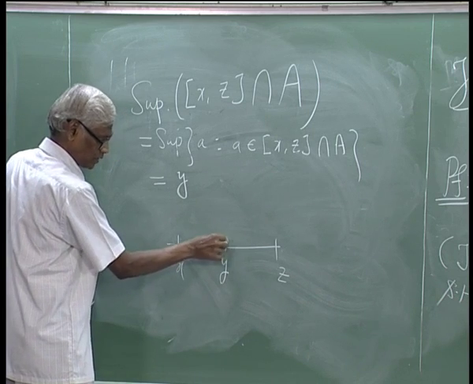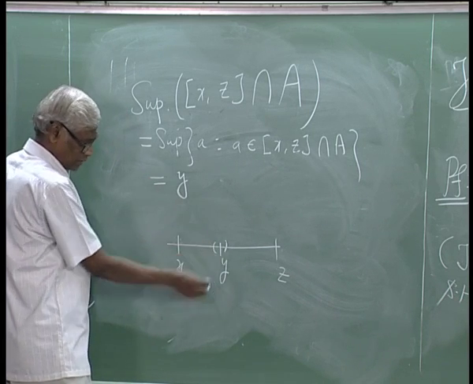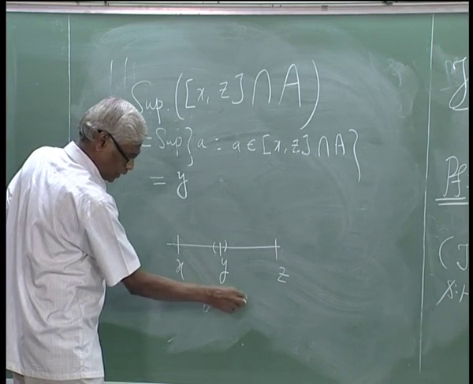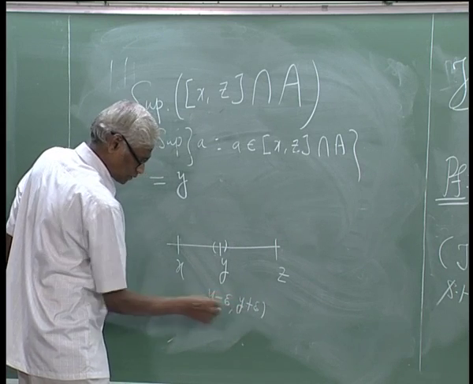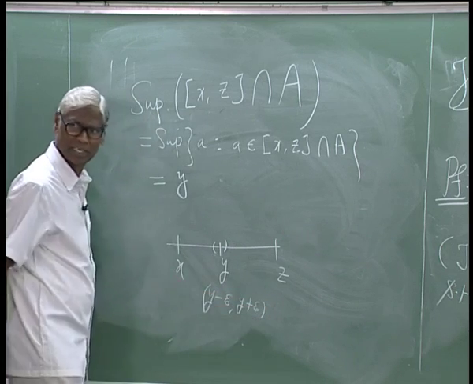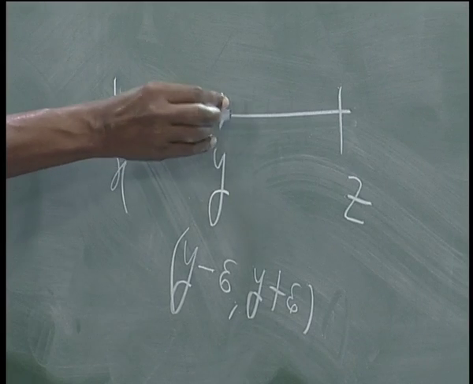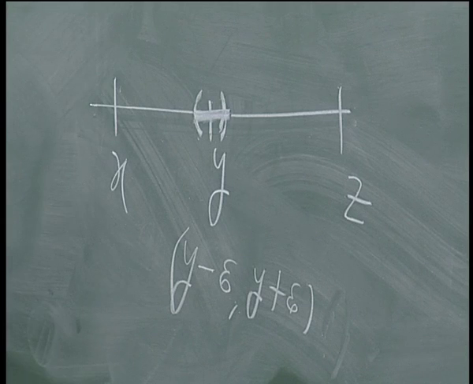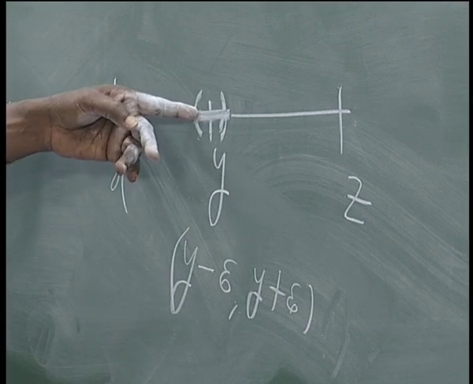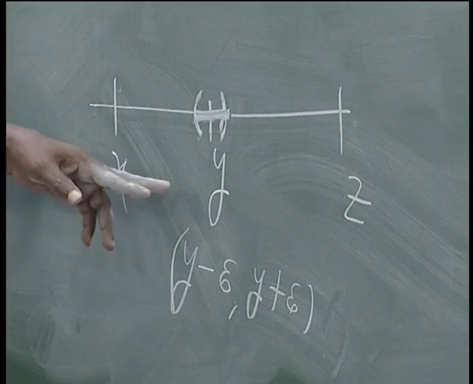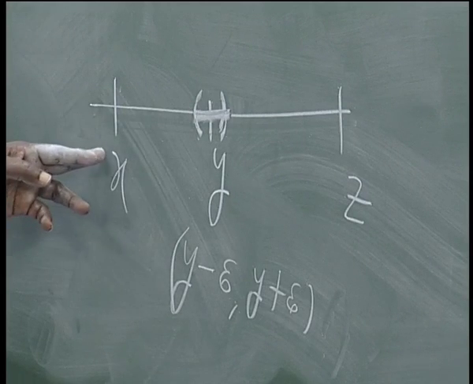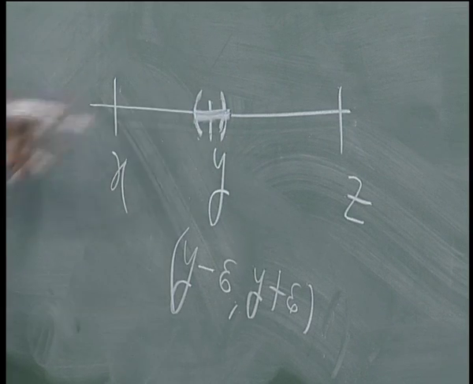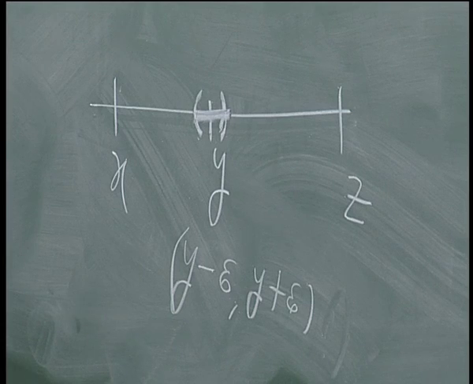By the properties of the supremum, for every epsilon greater than 0, the interval y minus epsilon, y plus epsilon, which we can restrict to even x, will contain elements of A from the left side. That means y is a limit point of the set A, so y belongs to the closure of A.